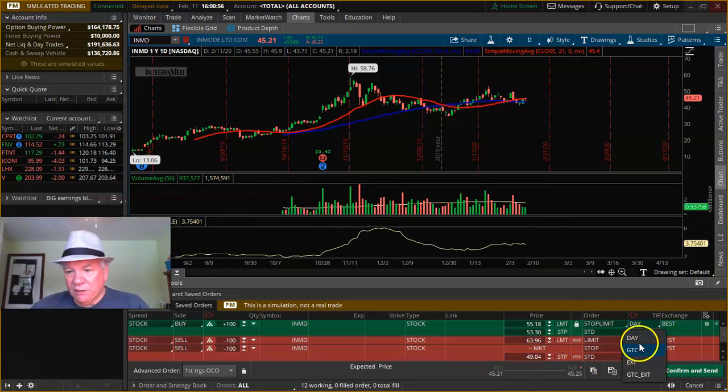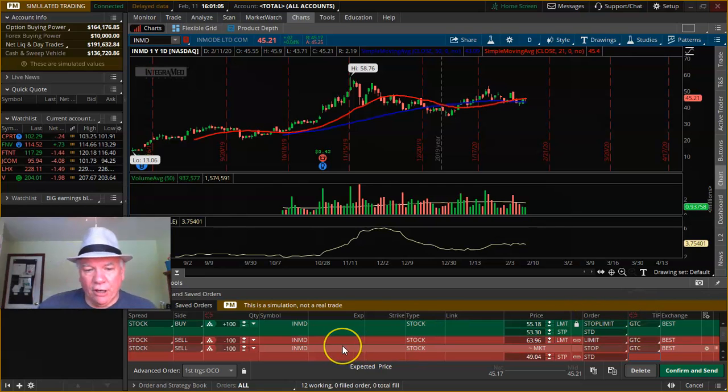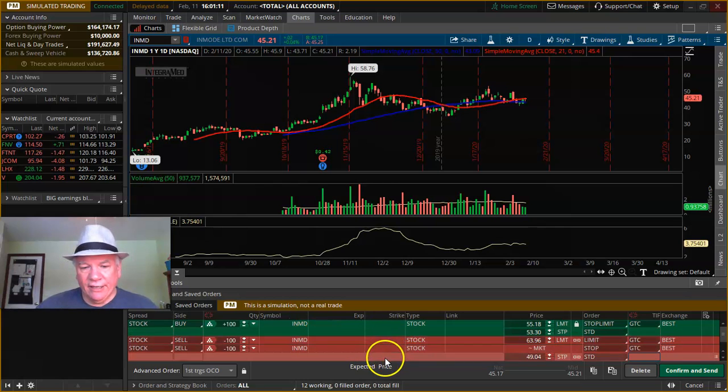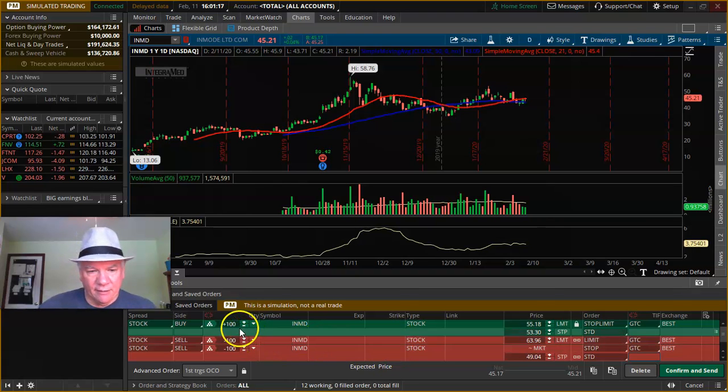These right here, you make them good to cancel. And that means it's not going to cancel until I come over and cancel it myself. This one is the target and this is the stop. And I'll explain this in a minute.